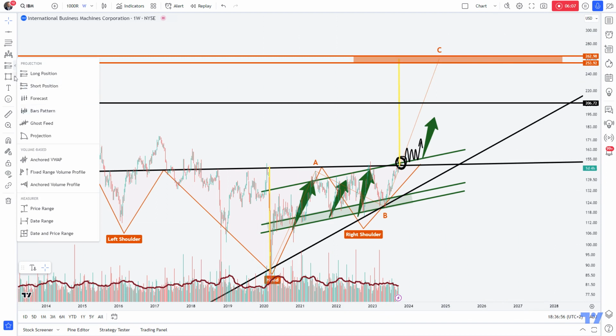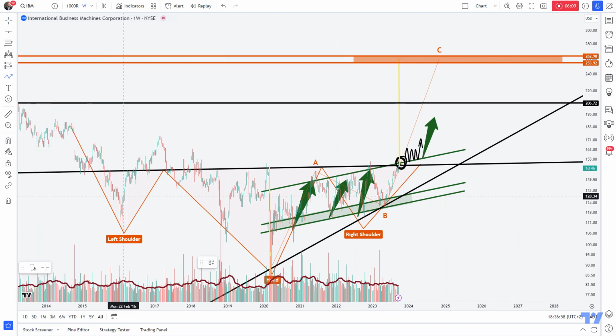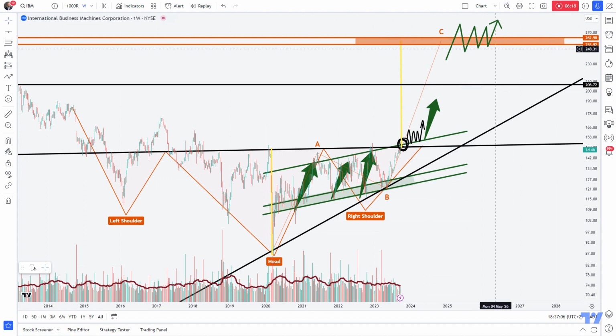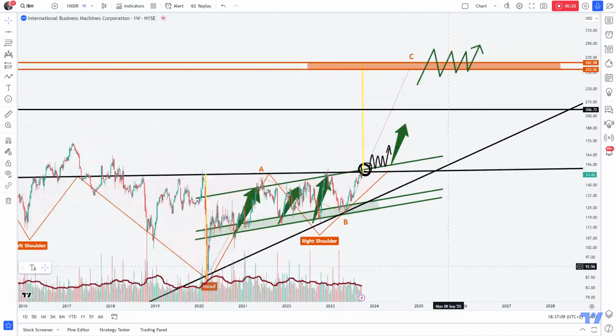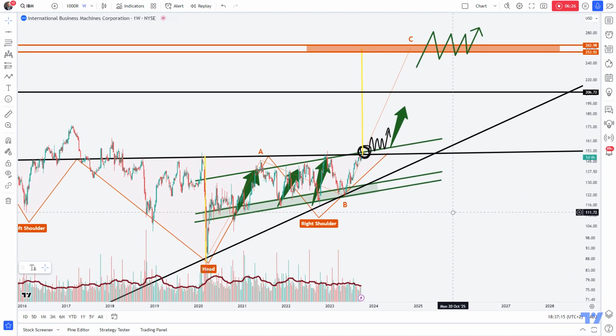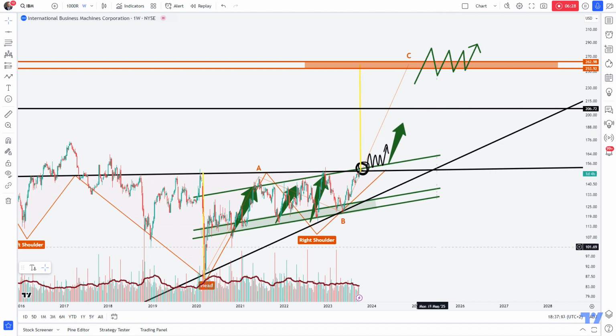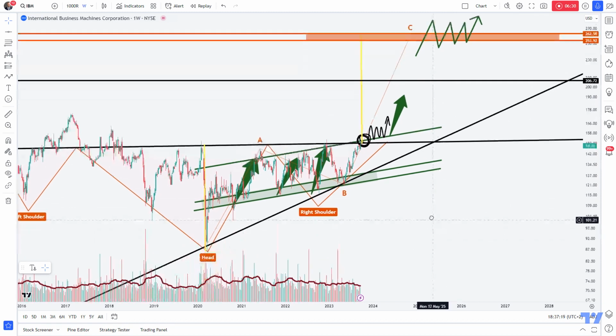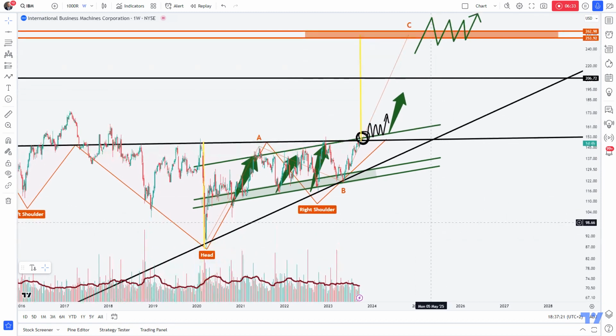And once this target zone has been reached, there's also the potential that when the bullish momentum actually holds on, that this is going to activate further projections, further determinations, further continuations into these trend directions. And this is actually a major epic historical trend that IBM is developing here.